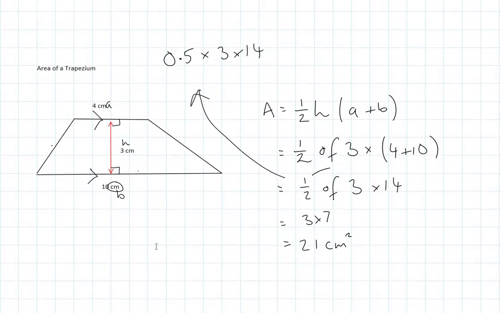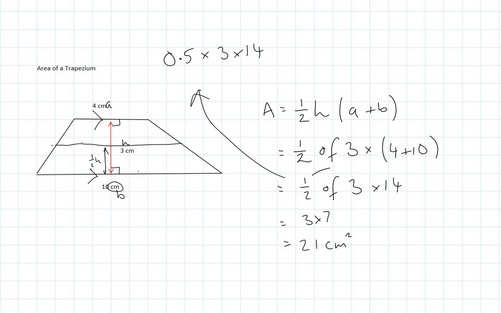The trickiest one to explain where it comes from, but it's not too bad, is the trapezium. So imagine, here I've got half the height. I'm going to cut this in half along the height. So this is now half the height.